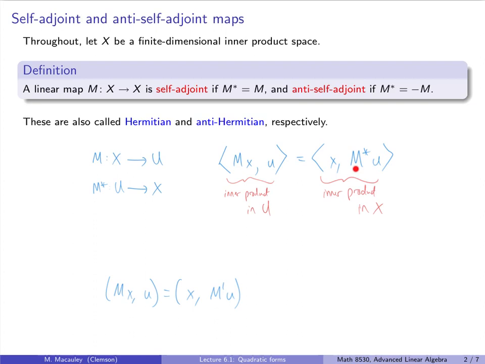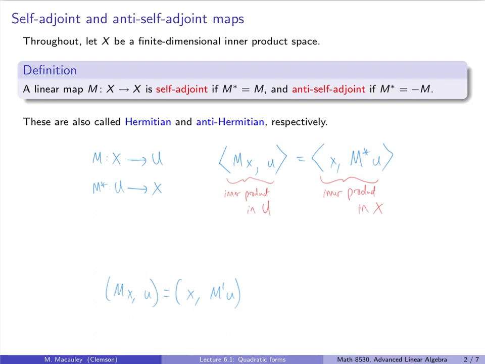This here, M star, the definition is based on the inner product structure that we put on X and in U. So changing the inner product structure will change the adjoint. That said, these things are intimately related, and I discussed that in my previous lecture on adjoints.